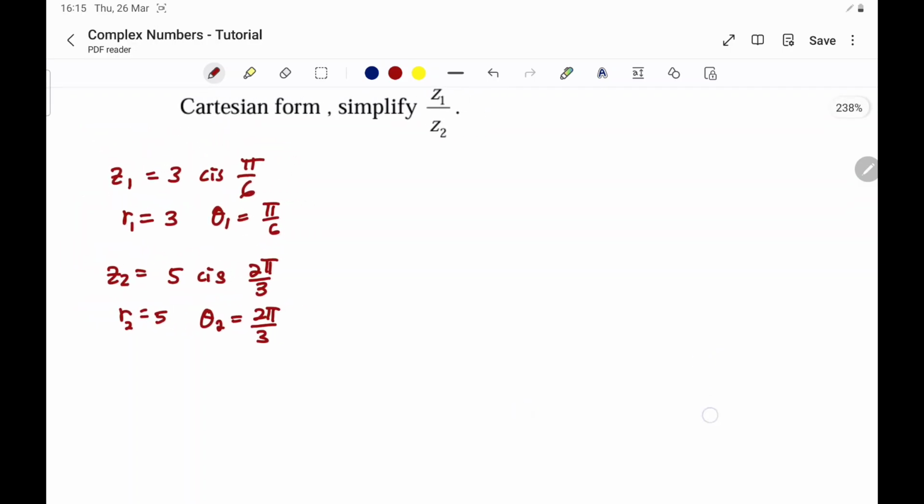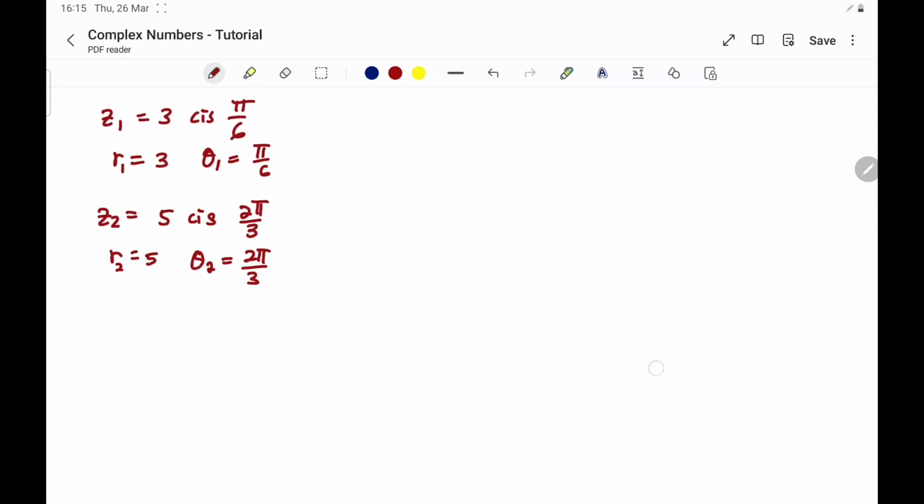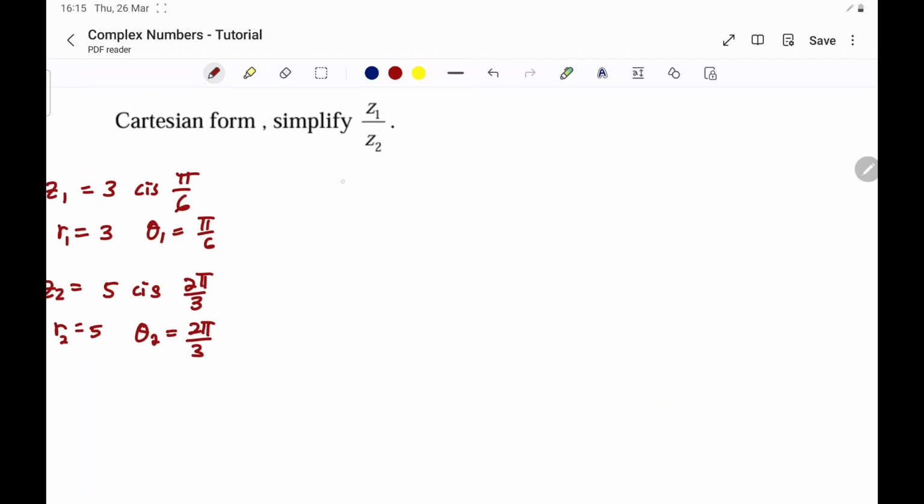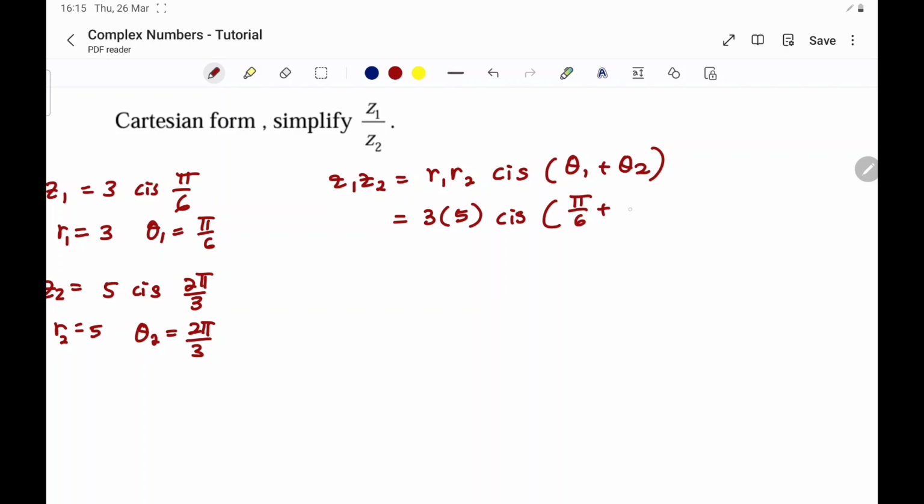And then from here we have to find z1 z2 first. The formula for z1 multiplied with z2 is equal to r1 multiplied by r2 cis theta 1 plus theta 2. So r1 is equal to 3, r2 is equal to 5, cis, then theta 1 is pi over 6 plus theta 2, 2 pi over 3. Okay, the answer here you're going to get 15 cis, and let me calculate this one first.